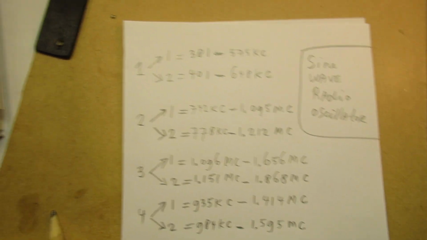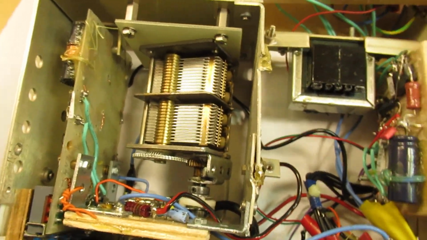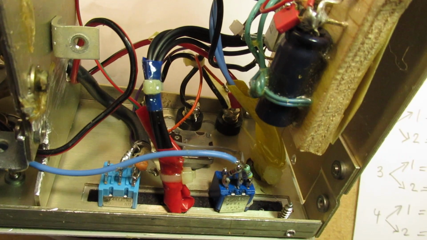Not much more to tell. This is a vlog. I will surely publish the schematic as soon as possible. I have to study it over and over because I did a lot of adaptations compared to the other circuit that I've published on YouTube.